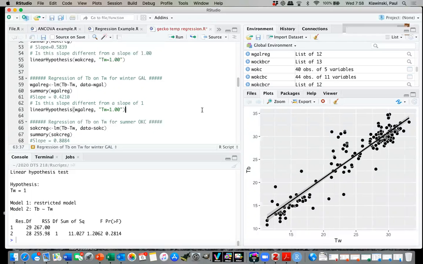And if they do thermoconform, it basically means that their body temperature is the same as the wall temperature that they're sitting on. And so the hypothesis here isn't, is the slope different from the slope of another population? The question is, is the slope of the line a slope of 1? Because a slope of 1 basically means that body temperature is equal to wall temperature.